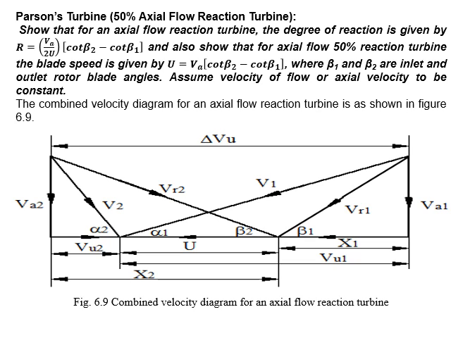So with respect to that, V_U2 equals V2 cos alpha 2. And here you can also take the distance x1 equals the total length V_U1 minus U. One more expression: x1 equals V_U1 minus U. Similarly, x2 equals the summation of U plus V_U2. So these are the trigonometric relations considered while deriving the expression for the degree of reaction as well as blade speed U.